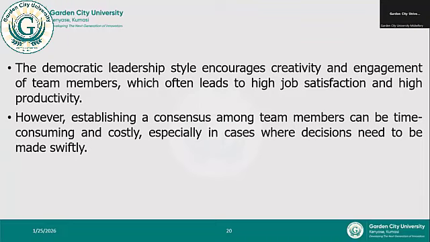So it's not in every situation that you must always have a democratic rule. In every situation, you have to adjust to what works best. So in some situations, democratic leadership style is best. In another instance where you need to be swift in your decision making, emergency situations, rapid assessment and response system, you can't be democratic about it.